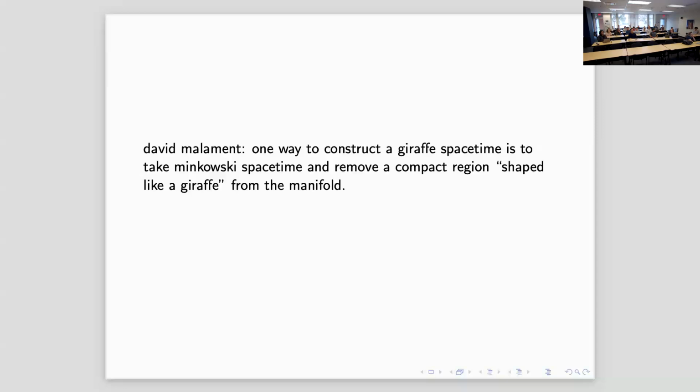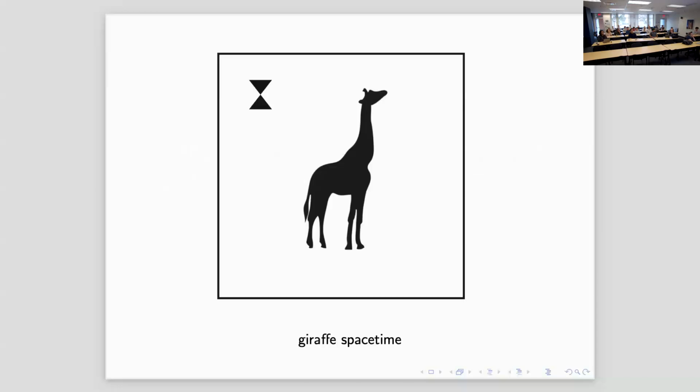Just take Minkowski spacetime, it's got loads of symmetries, of course, but remove a compact set that is shaped like a giraffe from the manifold. The resulting structure is going to be a giraffe spacetime. So here's the picture. And you have a feel for this, right? I mean, you had translations before, you had rotations. Now, all of that is blocked by this giraffe.